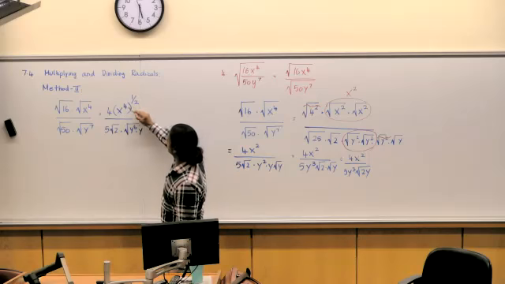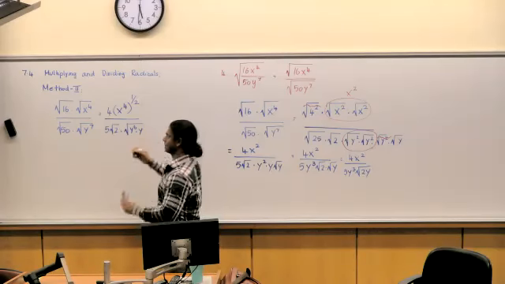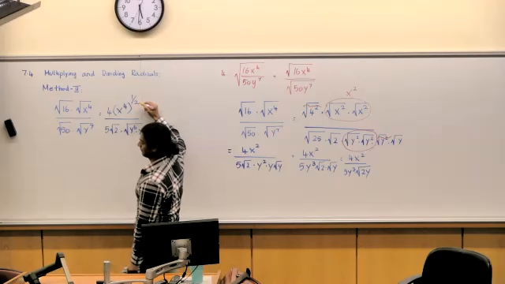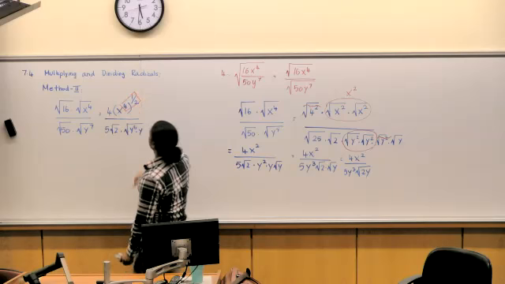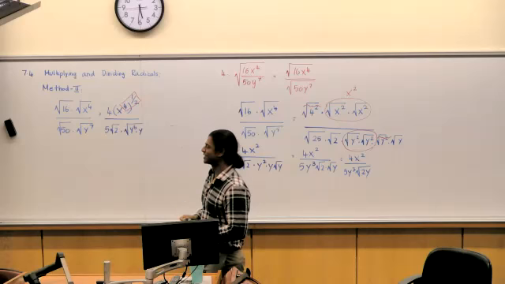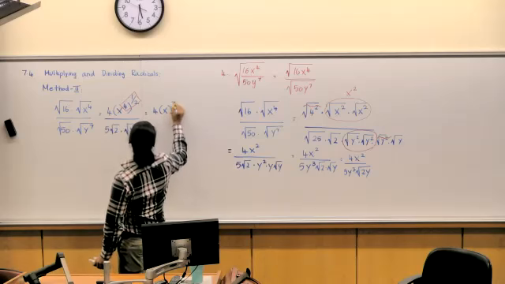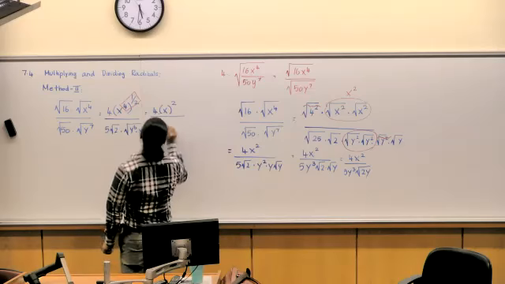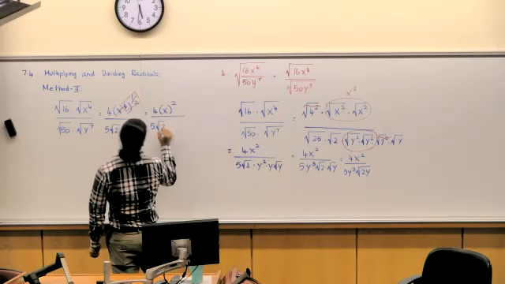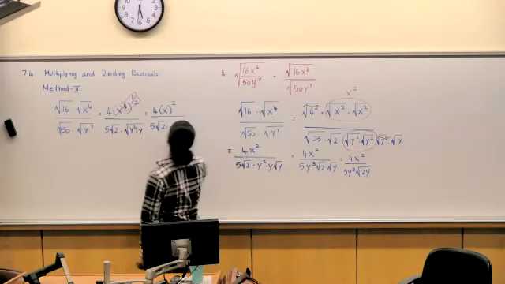Rule of exponents, what do we do with 4 and 1/2, from 7.1? We multiply. So 4 times 1/2 is 2. Denominator 5 root 2. Split the y raised 6 and y.